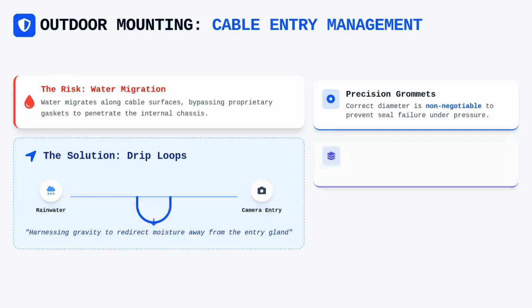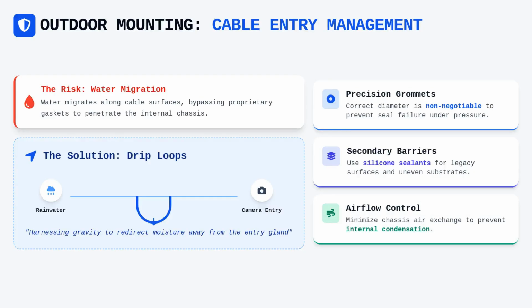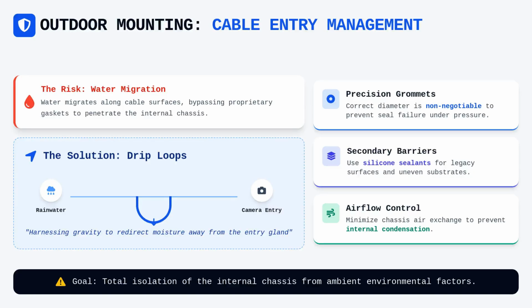We must also consider the application of secondary environmental barriers, such as silicone sealants, which can provide an essential redundancy for legacy surfaces or uneven mounting substrates. When you are performing these tasks, the goal is always to minimize the exposure of the camera's internal chassis to the outside air, as any exchange of air introduces a risk of moisture condensation.